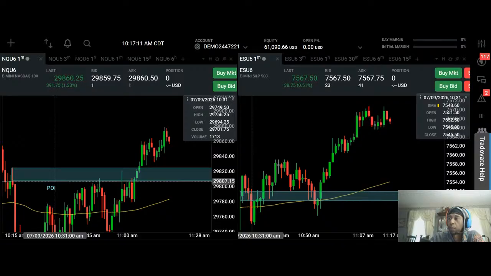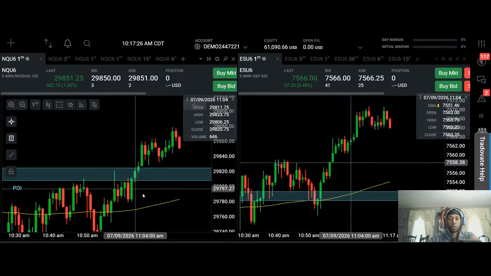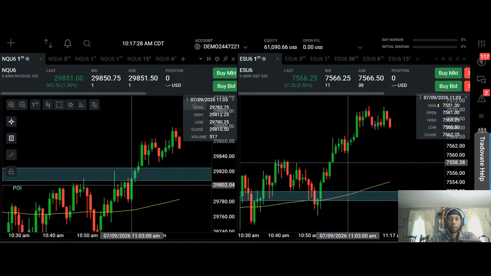I'm gonna put it at the low of the box that I had originally planned for it right here, and I'll let it sit right there. That's that box right there. So that's where my stop loss is on my challenge account. That low right there, that green low.